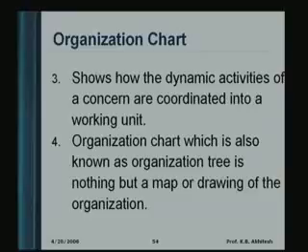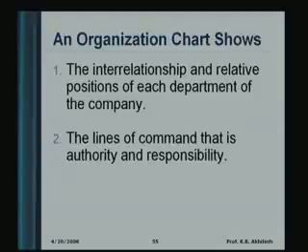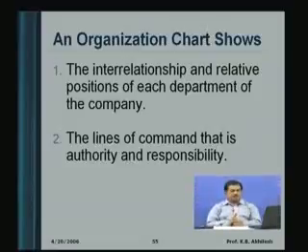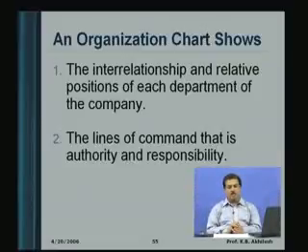So it shows how the activities of a concern are coordinated into a working unit. The organization chart, which is also known as the organization tree, is nothing but a map or a drawing of the organization. So it represents the departments, the relationships, and the reporting things we have seen earlier. So it indicates the interrelationship and relative positions of each department in the organizational hierarchy.